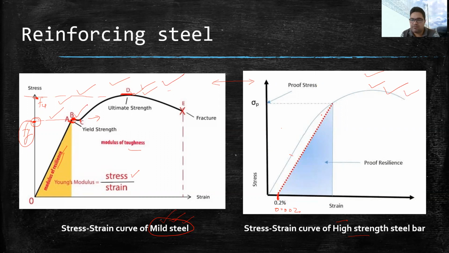At 0.2% strain, which is 0.002 value of the strain, we draw a line parallel to this line, and where this line intersects the curve, we find the stress corresponding to that point. This stress is called proof stress, and it is also called the yield stress point for high strength bars.